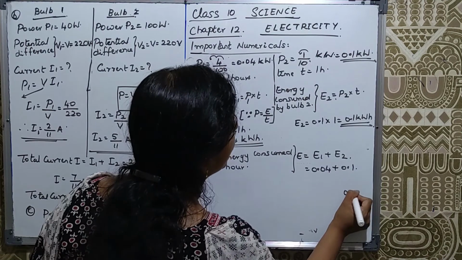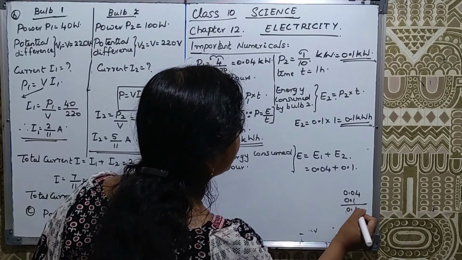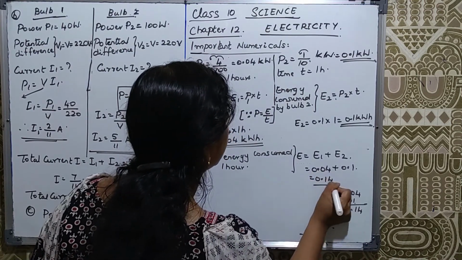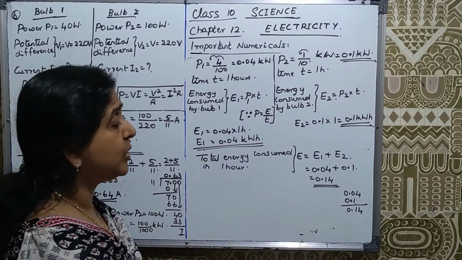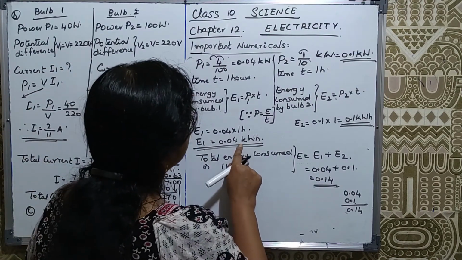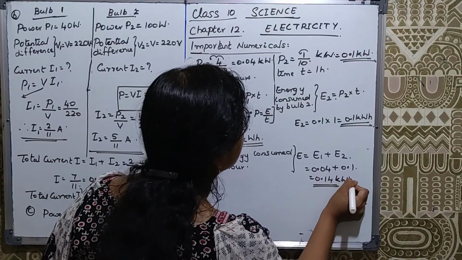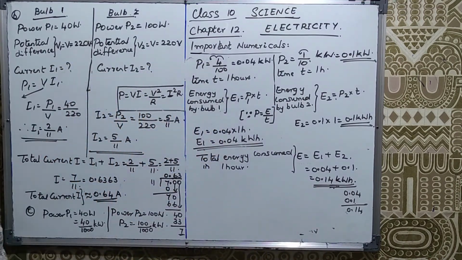When you add 0.04 and 0.1, you'll get 0.14. The unit of energy consumed is kilowatt hour. So it will be 0.14 kilowatt hour. That is the answer. Okay. And now we'll go to question number 3.